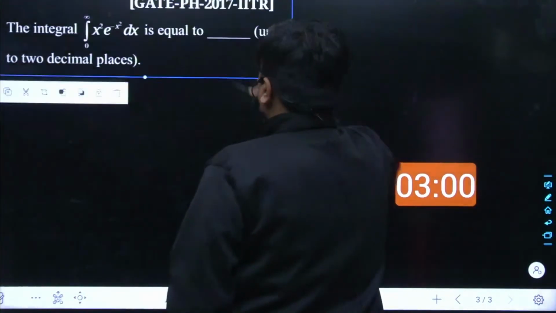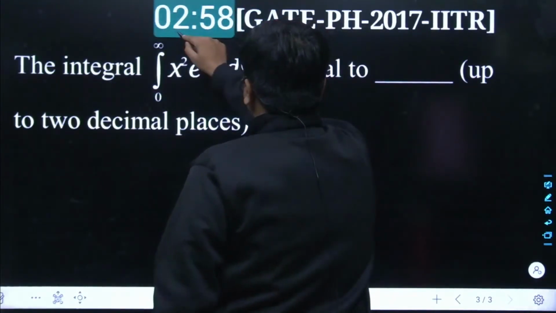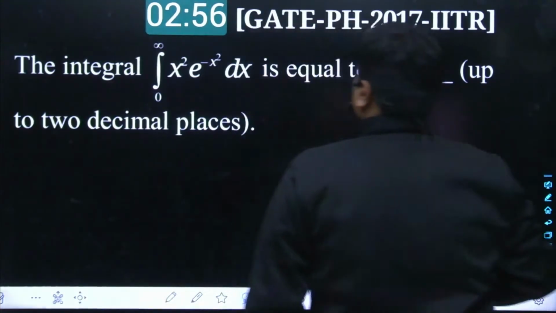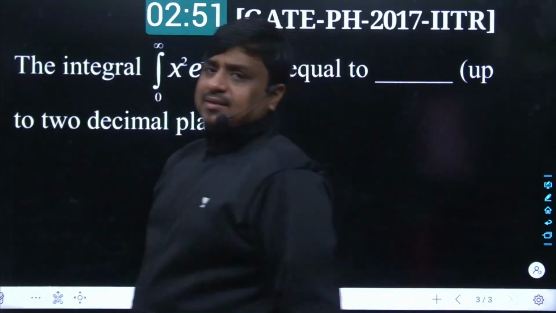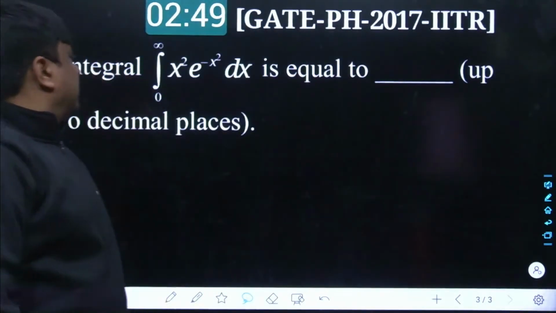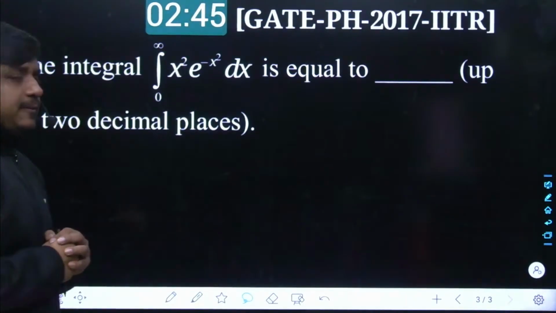This is a problem from physics. Your time starts now. Read it carefully and tell me what the best answer would be. The integration of x square e to the power of minus x square dx is equal to what, and we have to correct the answer up to 2 decimal places.